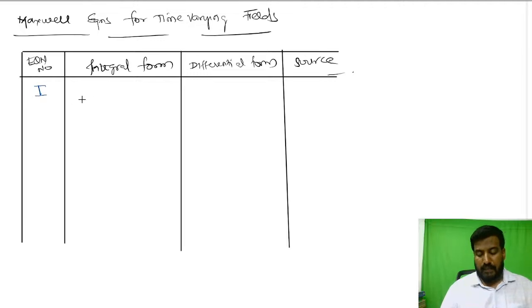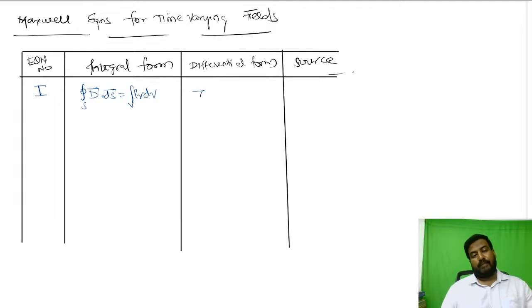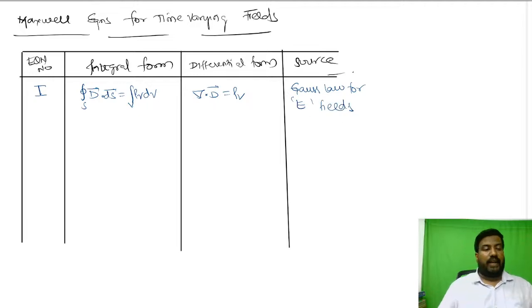Equation number 1, integral form, no change as I told you. Please repeat: closed surface integral of D dot ds is volume integral of rho v dv. Differential form: del dot D is rho v. Source: Gauss law for electric fields.